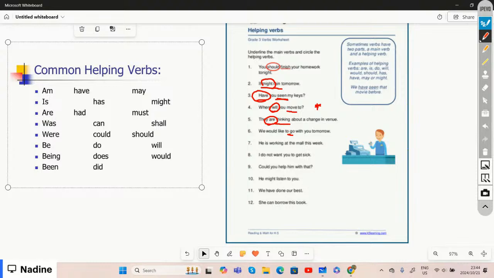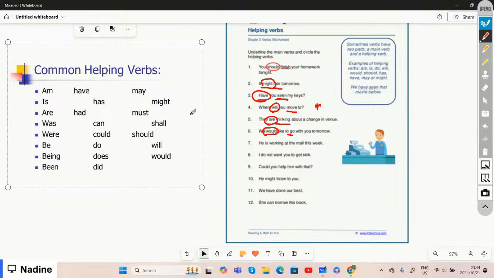We said go is the main verb, and would is our helping verb because it says would like to go. All right, let's do the last one. Number seven is the last one, and then we are done for the day. It says he is working at the mall this week.